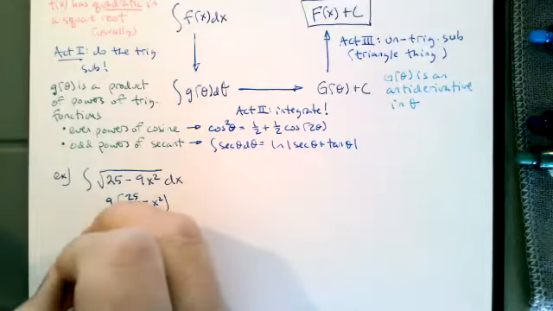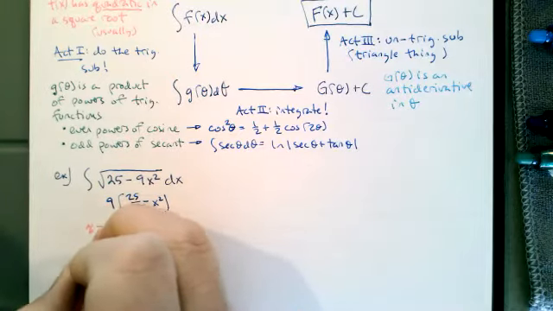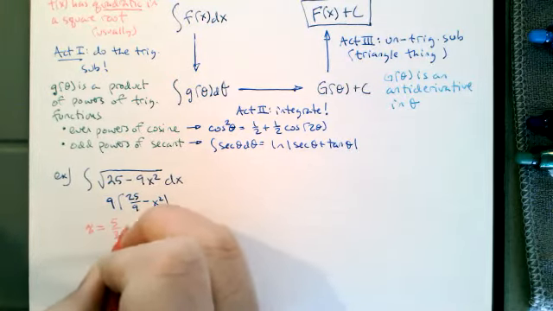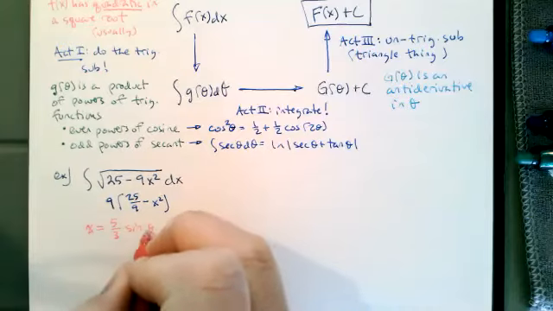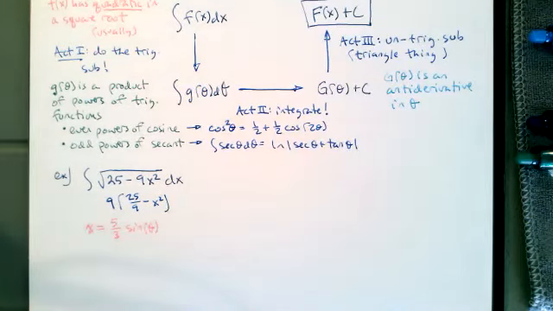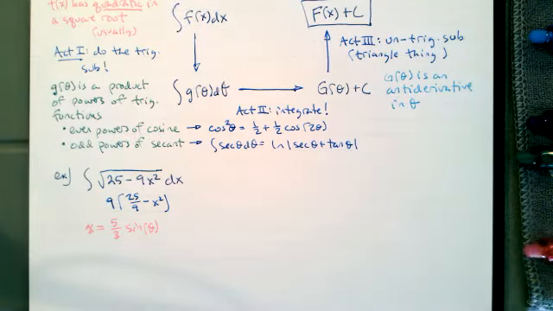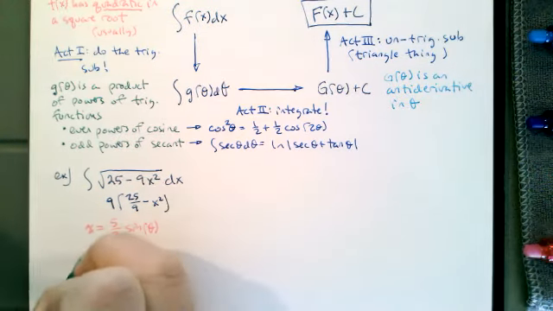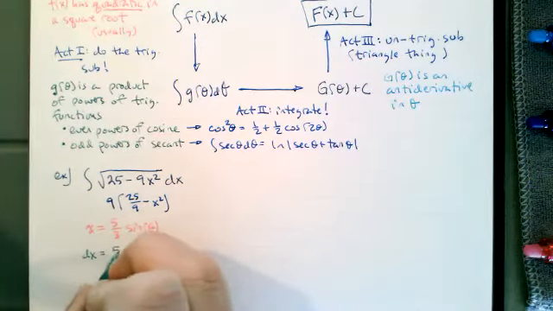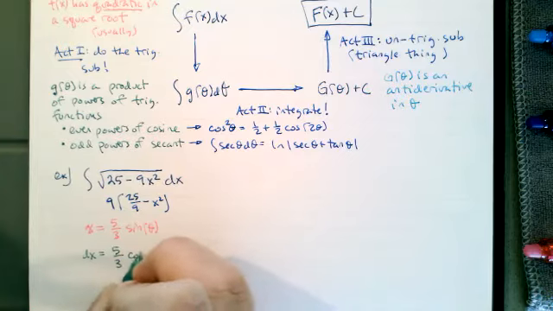We've identified what a is, so now we can say that x should be 5/3 sine theta. If x is going to be 5/3 times the sine of theta, then dx will get replaced with 5/3 cosine theta d theta.